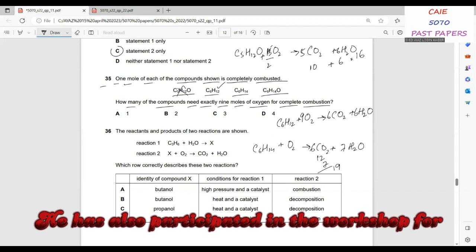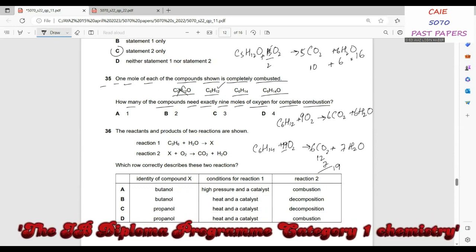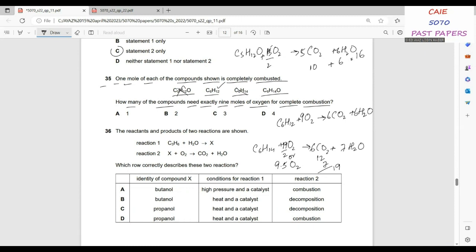So we need 19 atoms of oxygen. So we have 19 divided by 2, or even you can write 9.5 O2. So this can't be one of the compounds needing 9 moles of oxygen.